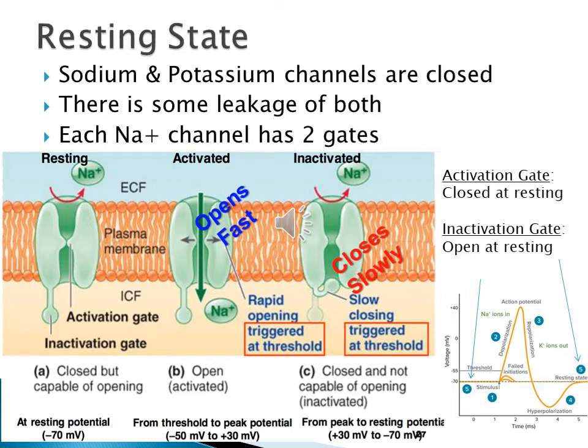We have what's known as an activation gate, which is closed at the resting state, and an inactivation gate, which is open at resting. You can see in that first segment of this picture, the resting, how your inactivation gate is open and the activation gate is closed. This means that at resting potential, we're at -70, there is the possibility that we could do something. So we're sitting here between number 5 on the left and number 1, hanging out in our resting state, ready to do something, we hope.